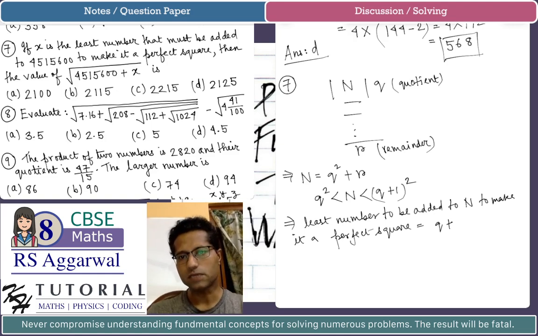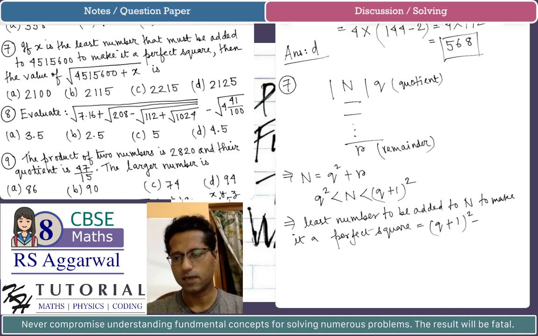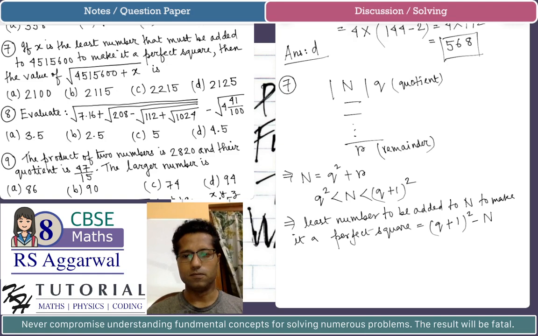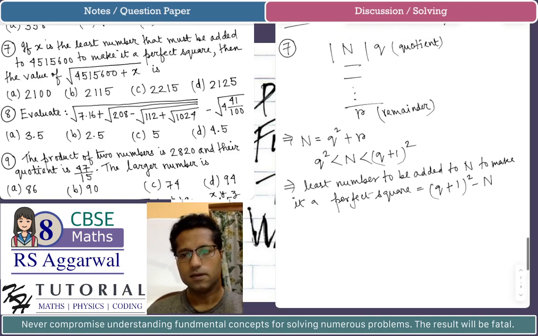So what number needs to be added to n? That will be obviously q plus 1 square minus n. Now in this problem, q plus 1 square minus n is given to be x.